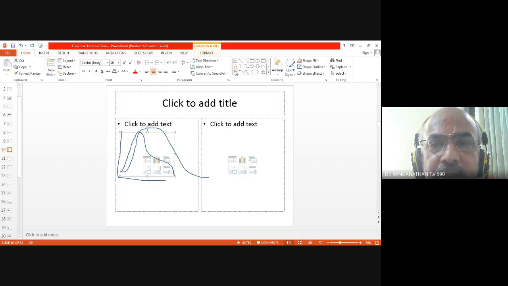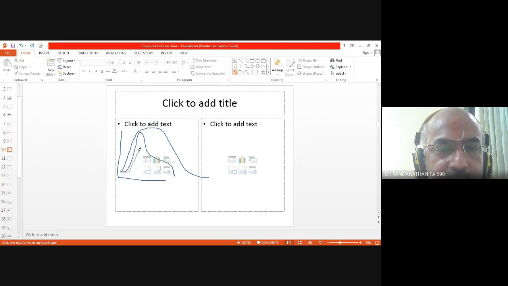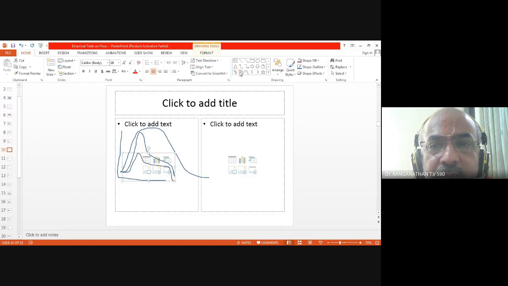The third variation is one that cannot withstand and goes like this. Now, the first one is a strong flour. The second one can withstand the air, but not for a longer time. The third one is the weak flour.